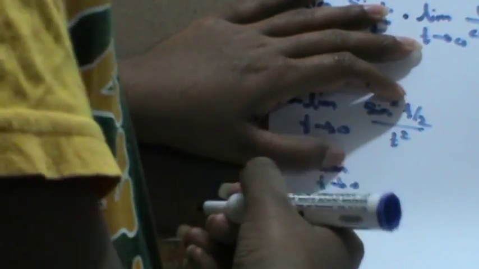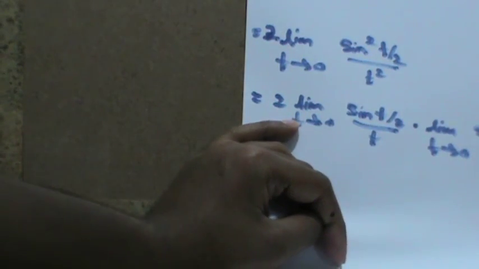So this is also equal to 2 times the limit t going to 0. I'll take the individual functions, I'll write 2 steps at once. So this will be sine t by 2 divided by t times the limit when t goes to 0, sine t by 2 divided by t.